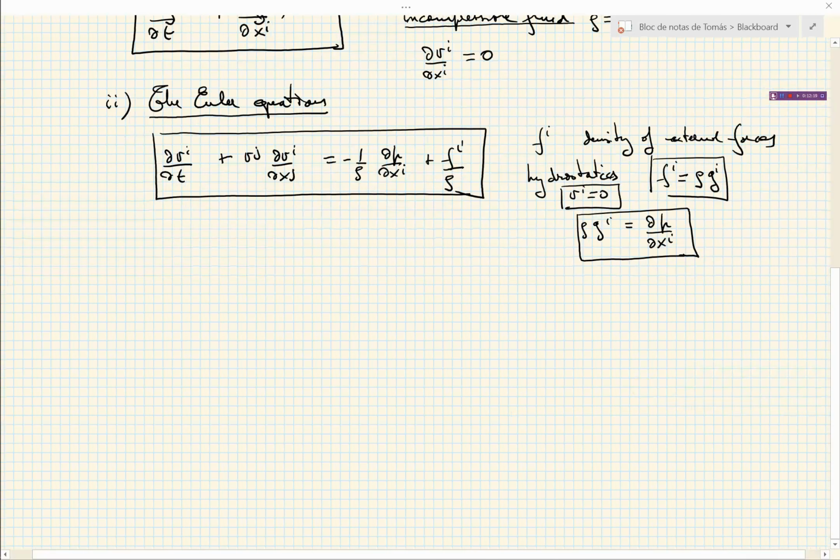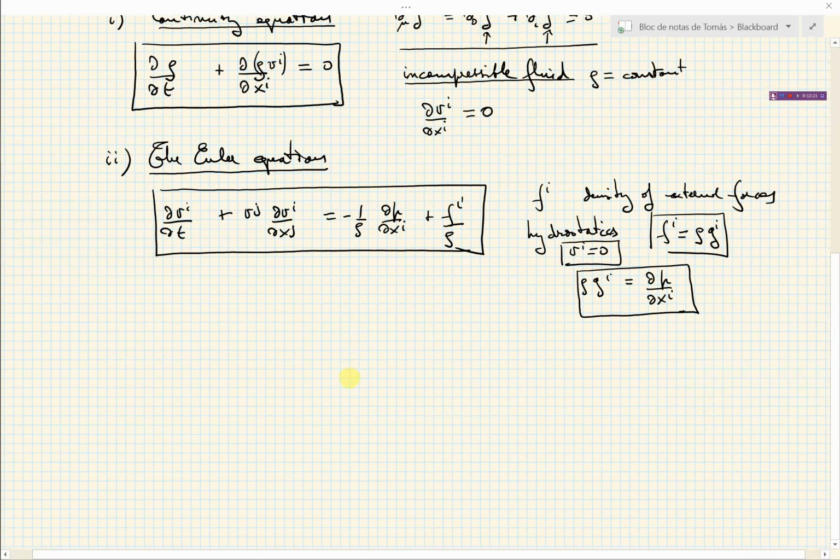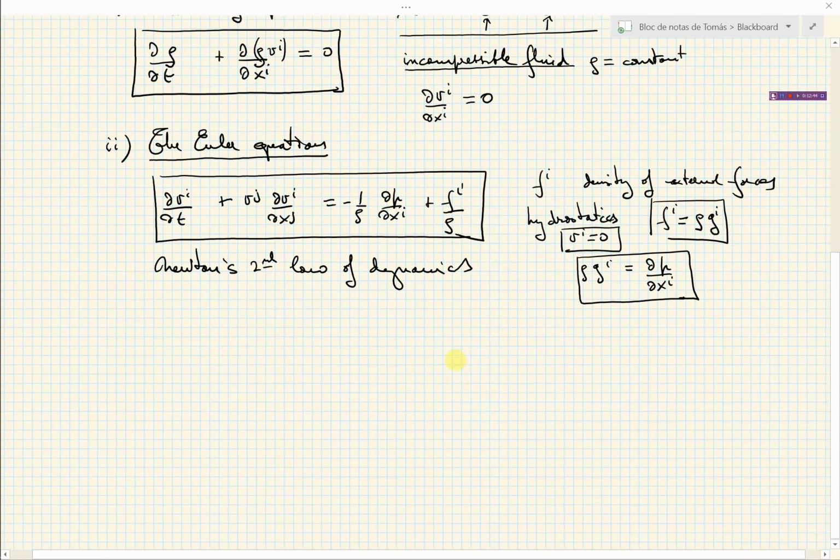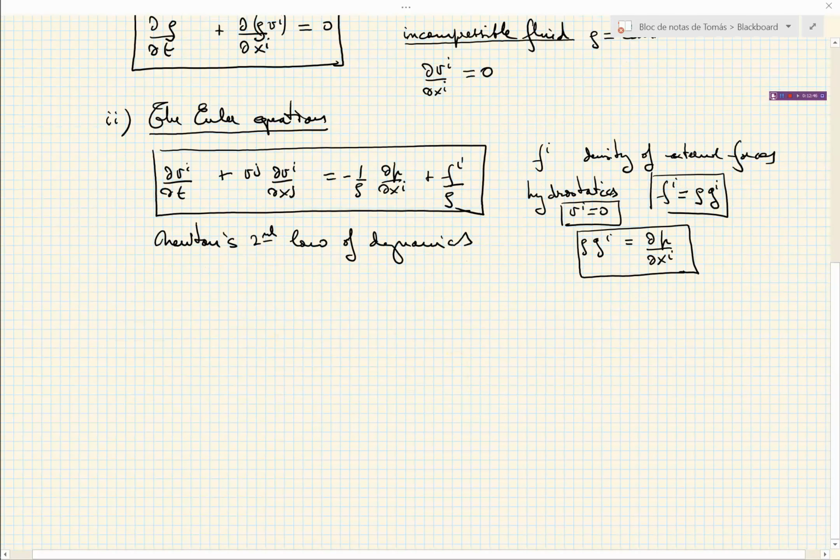Okay, so what is this equation? If the continuity equation expresses the conservation of mass, this equation is equivalent to Newton's second law of dynamics, but applied to the particular case of fluids.